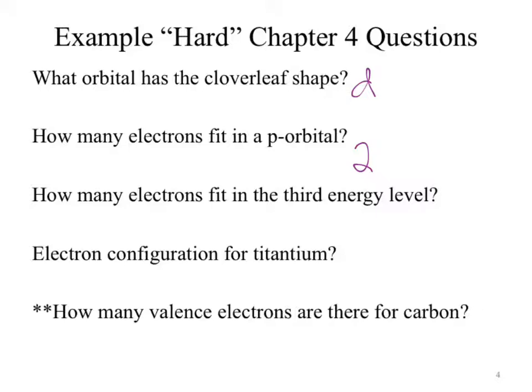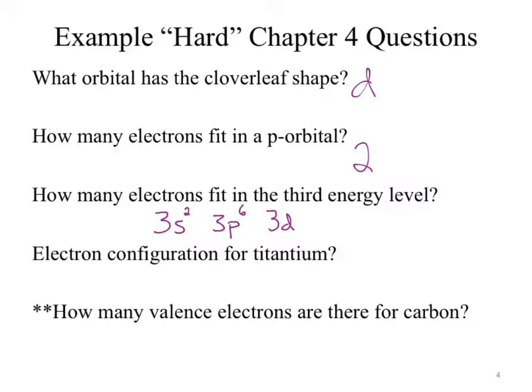How many electrons fit in the third energy level? Ugh. So the third energy level, we're saying row 3. So what orbitals do we have in row 3? Our S, our P, and our D. Remember, as we go up in energy, we increase the number of types of orbitals. In our third energy level, we're going to have 3 possible types, S, P, and D. How many electrons fit in the S type? 2. How many electrons fit in the P type? 6.